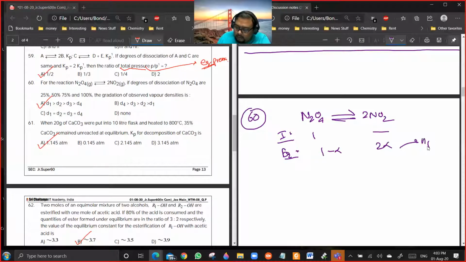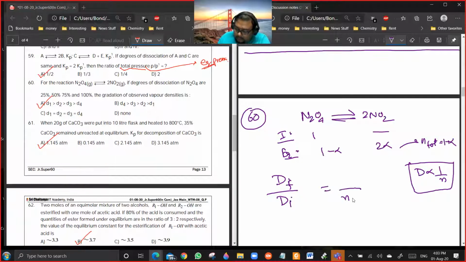Then N total is 1 plus alpha. Now vapor density is inversely proportional to the number of moles. If I am writing D initial by D final, or D final by D initial, then it will be N final by N initial.